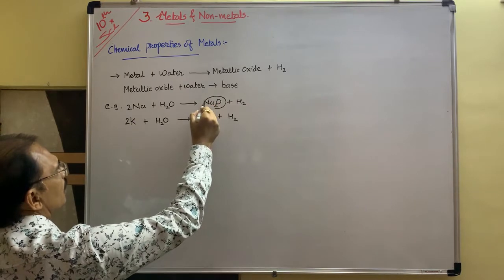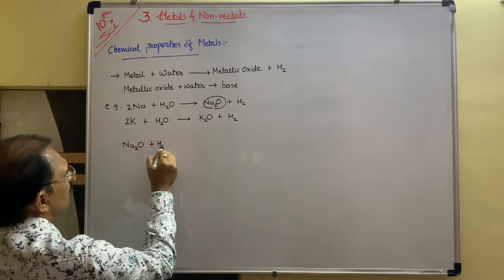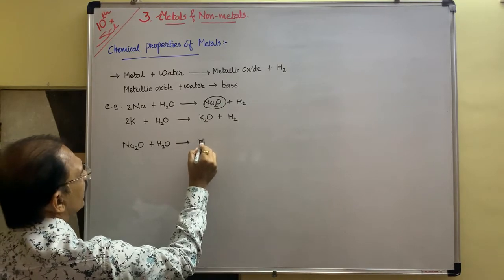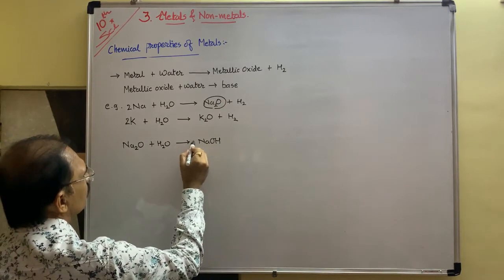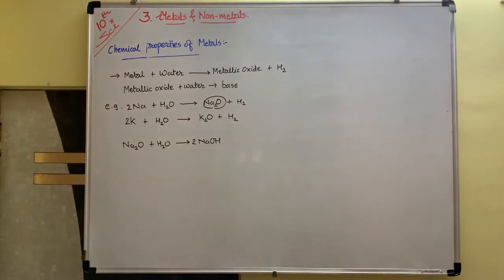This metallic oxide, when it reacts with water, Na2O plus water, gives you base, NaOH 2 times. In your textbook, one equation is given wrong, so don't follow it. You have to follow this one. On page number 43, it is given a little bit wrong.